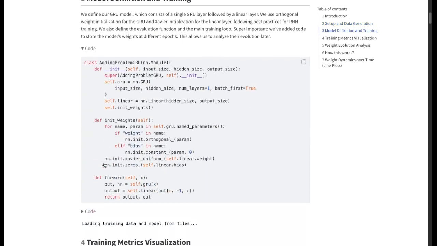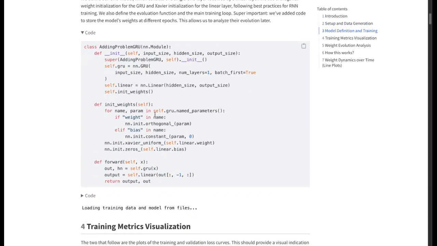The architecture of the model is quite easy, really nothing fancy, nothing too weird. In this case, it's just a GRU, gated recurrent unit, with input size 2: the number and the flag saying whether it's going to be added or not.